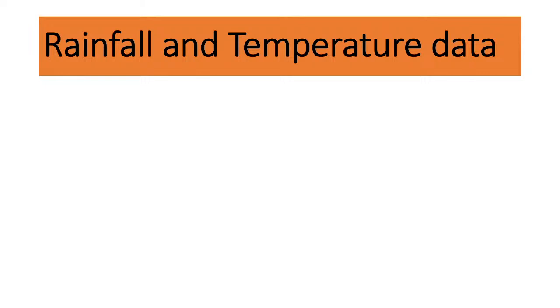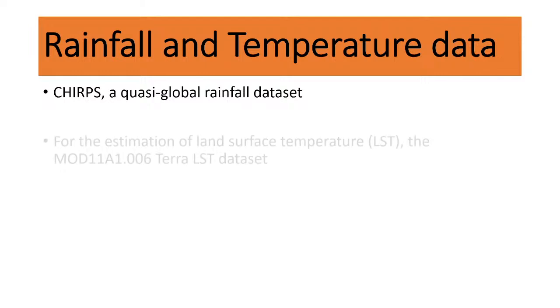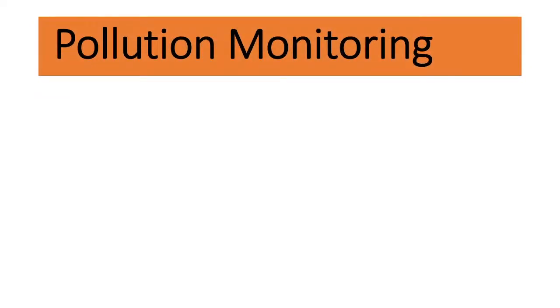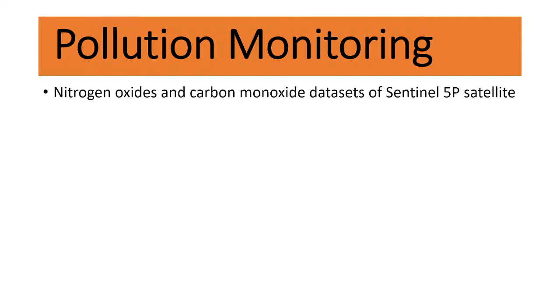Then rainfall and temperature data. Mainly the rainfall and temperature data we can call from CHIRPS, and for LST monitoring we can use the MODIS LST dataset. For pollution monitoring, we are mainly using the nitrogen dioxide and carbon monoxide datasets of Sentinel-5 satellite imagery.